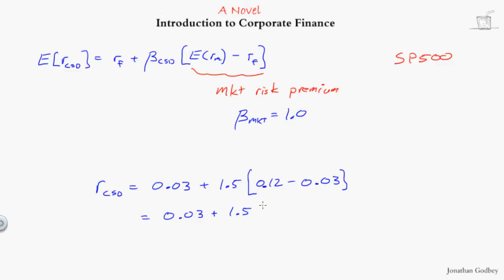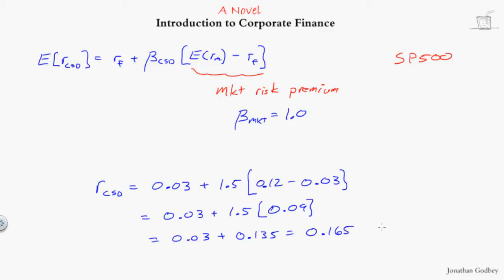The market risk premium is 9%. So my return for Caspian Sea drinks is going to be 0.03 plus 1.5 times 9, which is going to be 0.135. So for Caspian Sea drinks, I need a return of 16.5%.